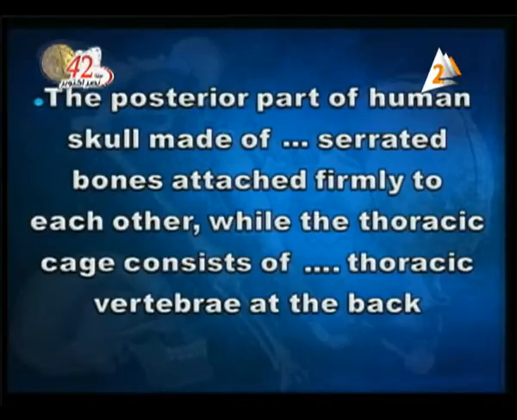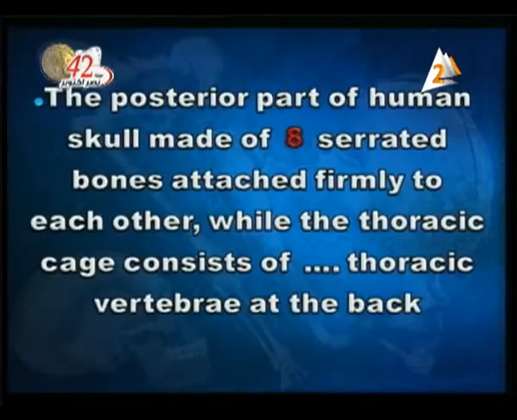The posterior part of human skull made of space, serrated bones attached firmly to each other, while the thoracic cage consists of space, thoracic vertebra at the back. Once again, and please concentrate. Yes, you are right.